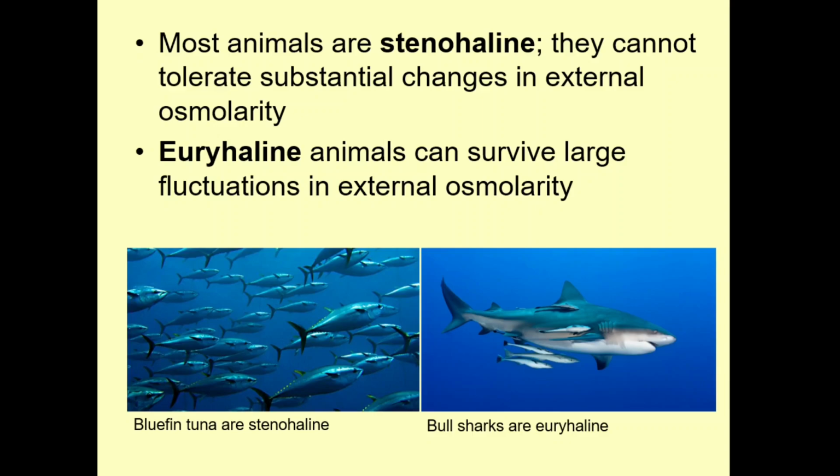But most animals are stenohaline. They cannot tolerate these changes in external osmolarity. But just be aware that there are some that are able to do this, and we refer to those as euryhaline. And we see quite a few species of these in the UK. So if you go to any estuary in the UK and look at the fish that you see in there, common examples would be fish like grey thick-lipped mullet.